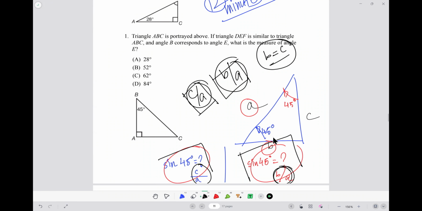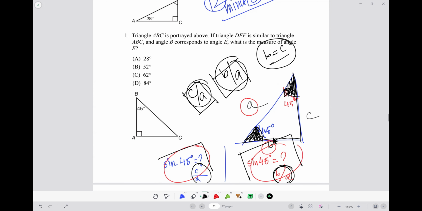Yes, exactly. Because the same amount of angle has the opposite side of equal length. So it means that this B is equal to C.